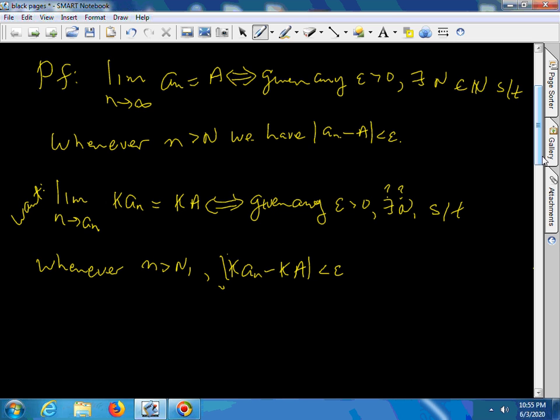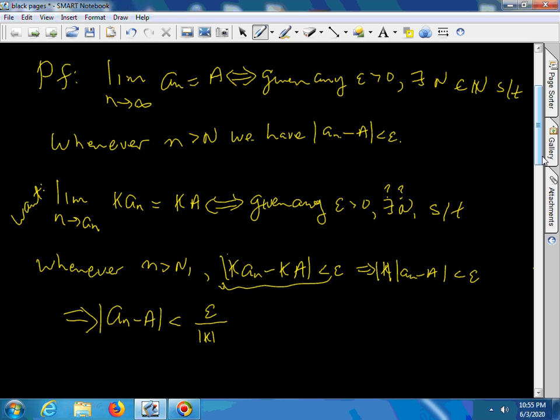But this statement implies that the absolute value of k times the absolute value of a sub n minus a, I should put the k in absolute values, is less than epsilon. But that means, dividing by the absolute value of k, that this difference is less than epsilon over the absolute value of k.